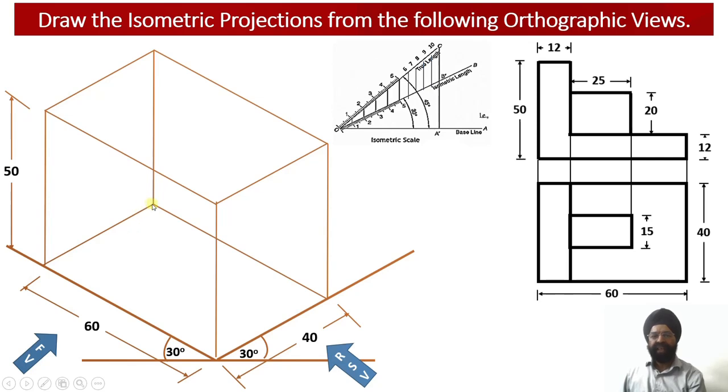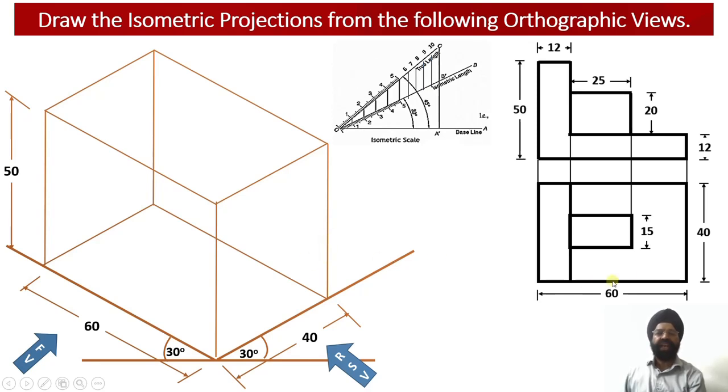So with this we have completed the construction of a rectangular prism. This rectangular prism is going to contain all the elements of this particular solid. Now we have got the basic framework for the construction of the solid.